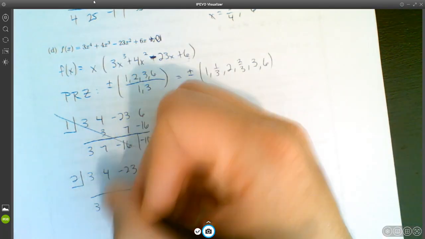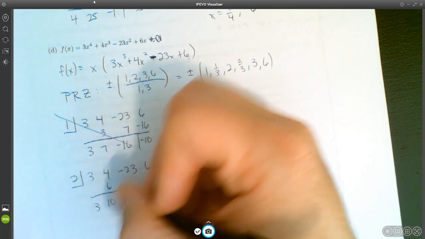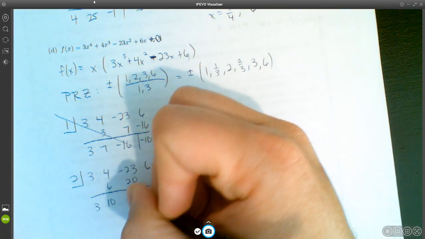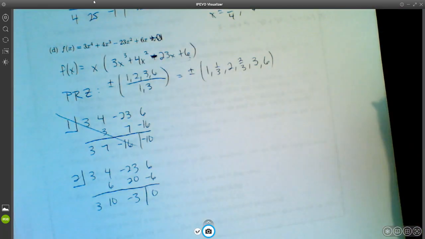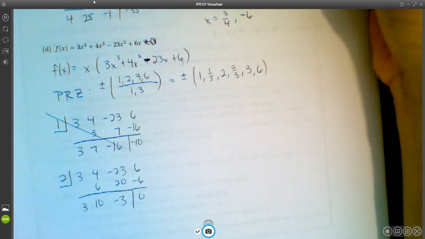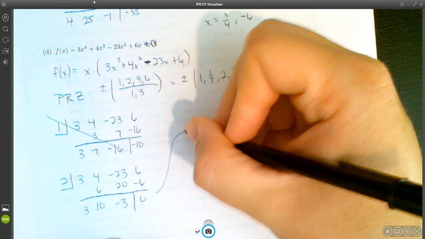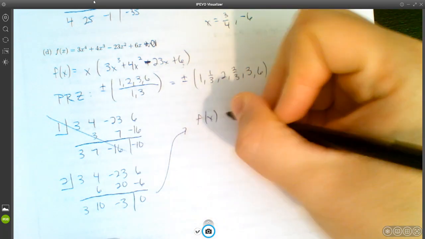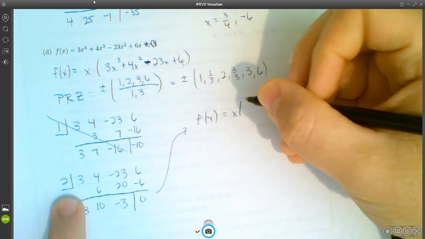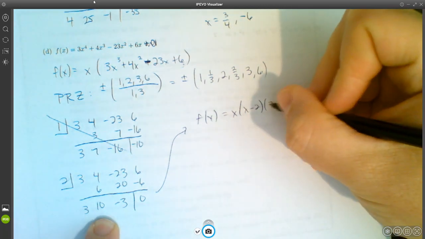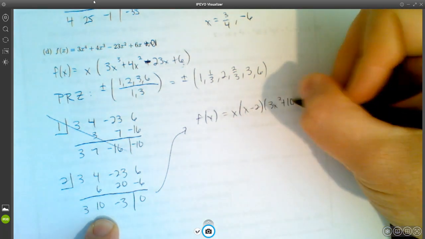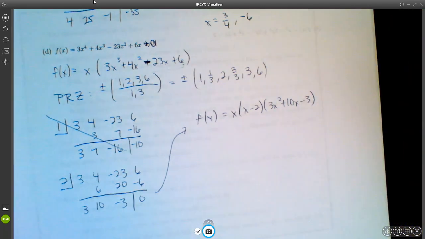So 3, 6, 10, 20, negative 3, negative 6. There we go. Okay, so that tells us that f of x is x times x minus 2 times 3x squared plus 10x minus 3.